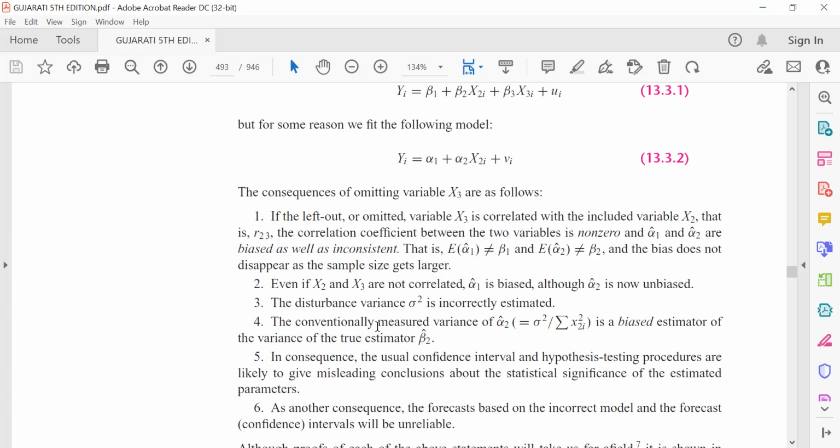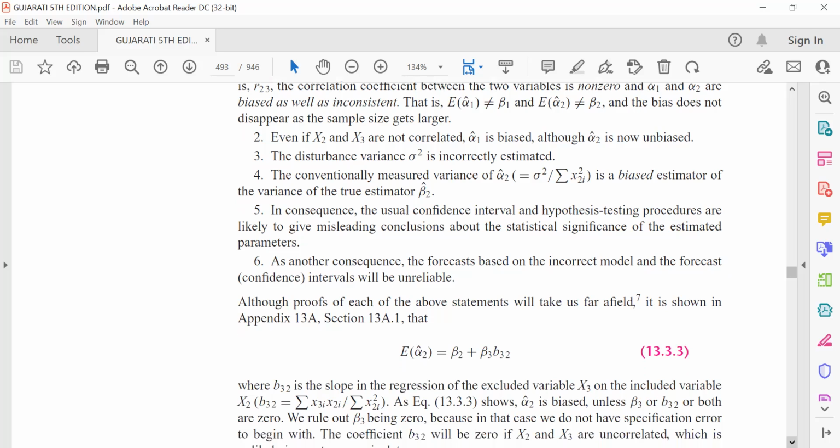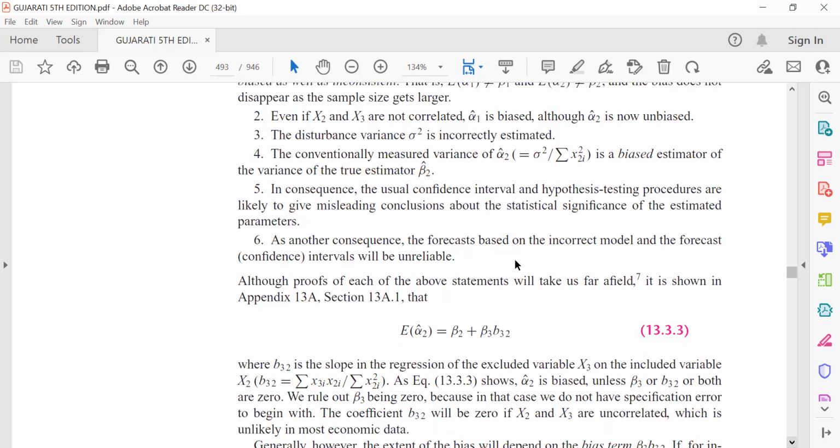This is a misleading result, misleading conclusion, because, for example, for a normal good the expected coefficient is negative, but we get positive coefficients. Another consequence, the forecast based on the incorrect model and the forecast interval will also not be reliable.